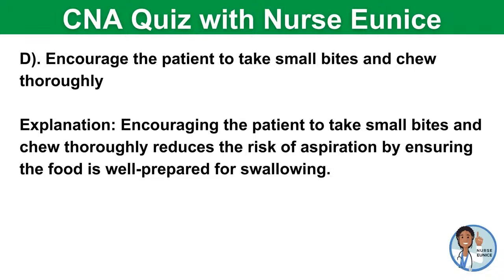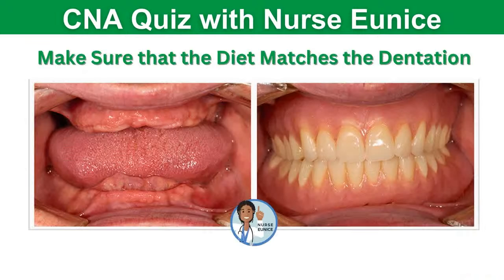And if they can't chew it, the next image, I'm giving you a disclaimer, might be disturbing, but here we go. All right, so my pet peeve. I need for you all to make sure that the diet matches the dentation. So we just talked about chopping up this food or making sure the patient takes small bites.